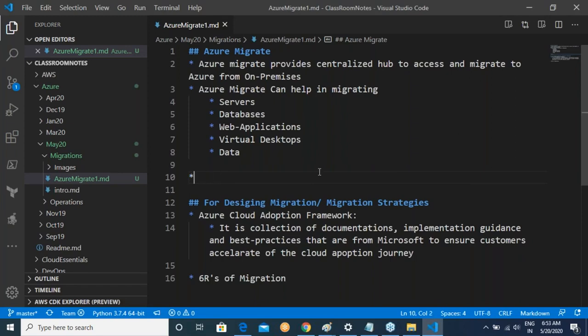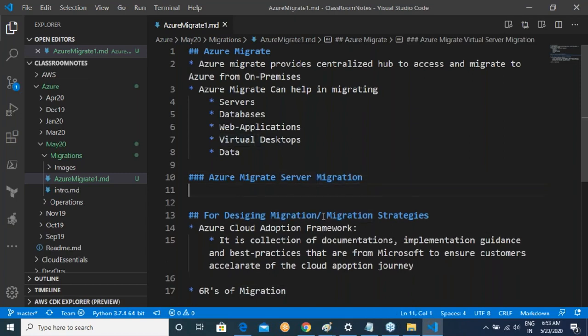Okay, let's look at Azure Migrate, virtual servers migration, or server migration.